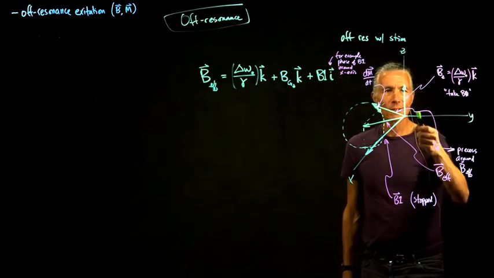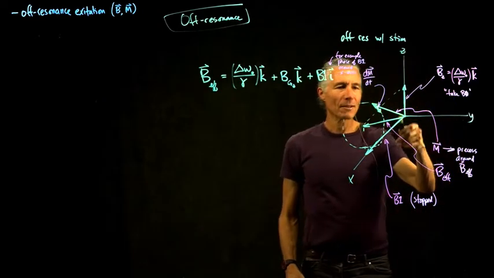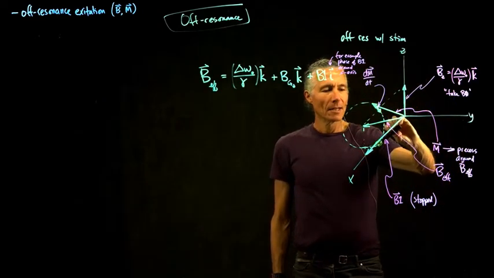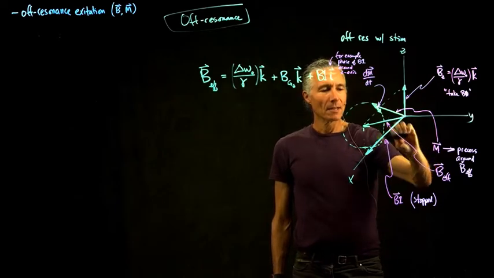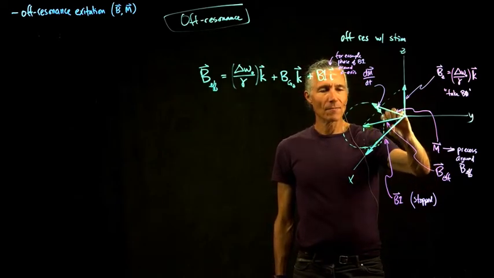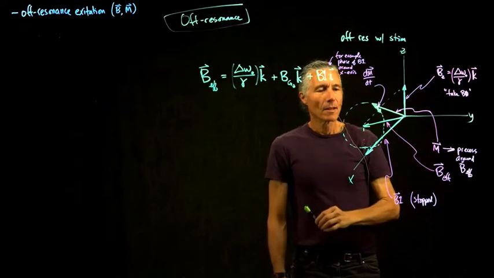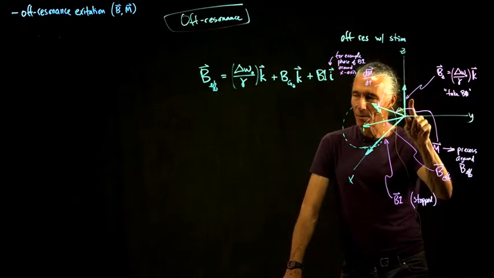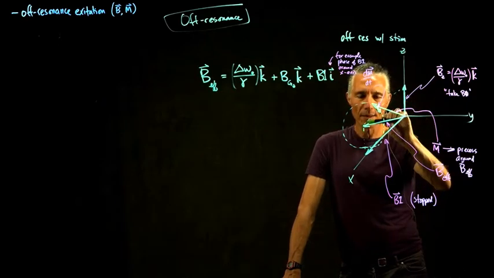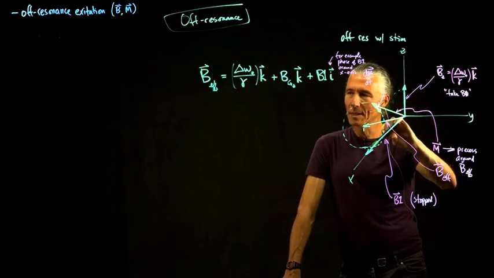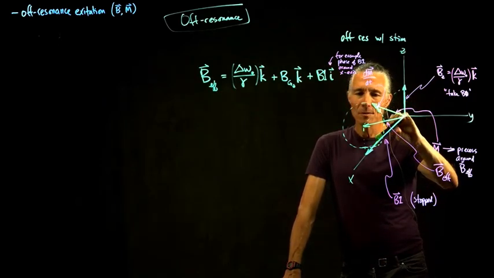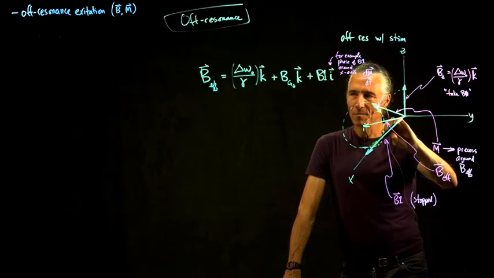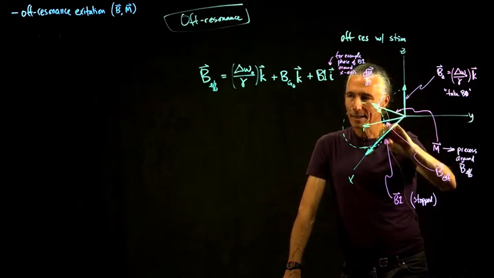So when we add this fake B0, it lifts the B effective vector off of the x-axis. But if we got rid of it, so we were right on resonance, then B effective would be right along the x-axis.